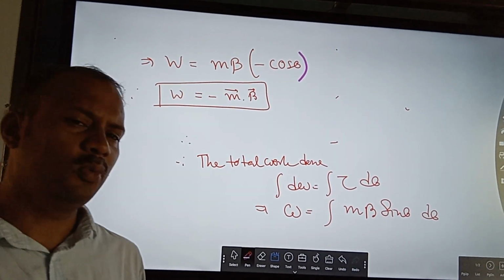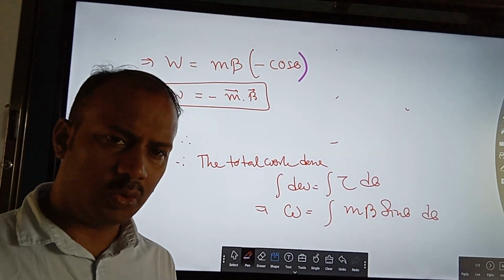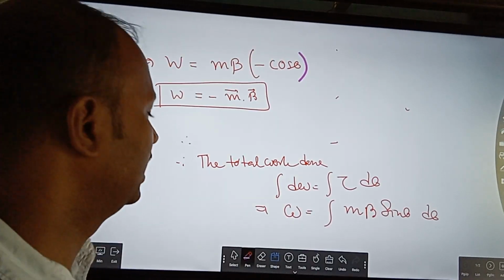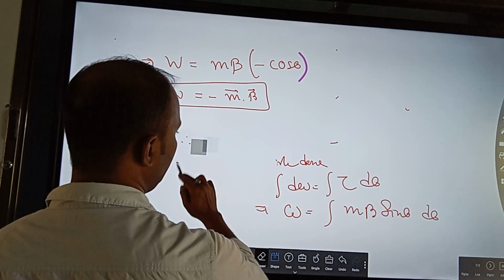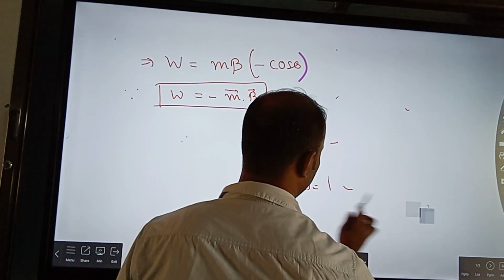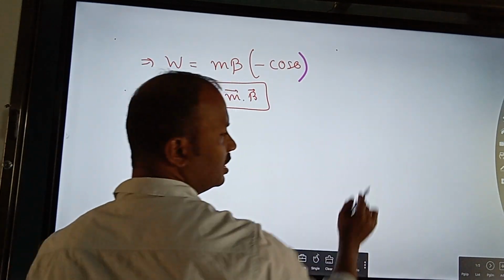So this work done is stored in the form of potential energy.